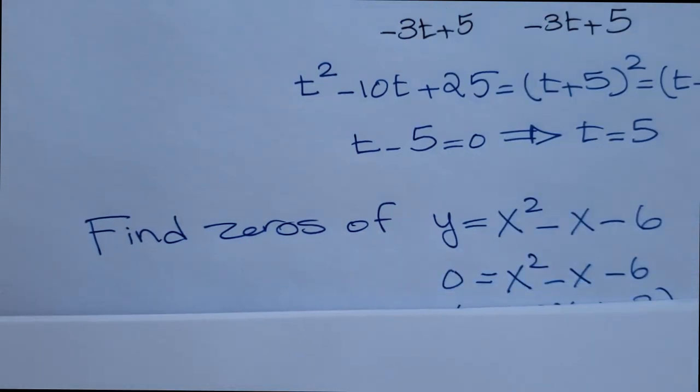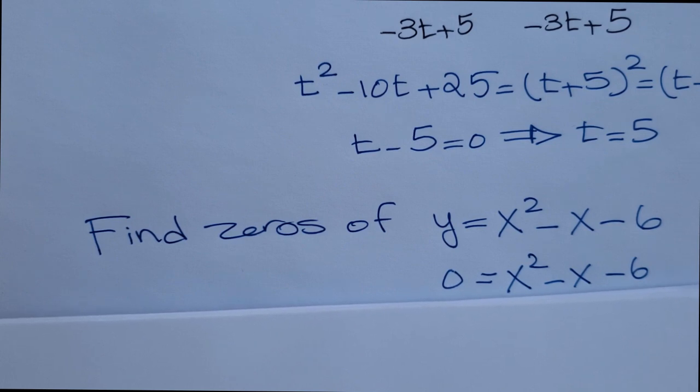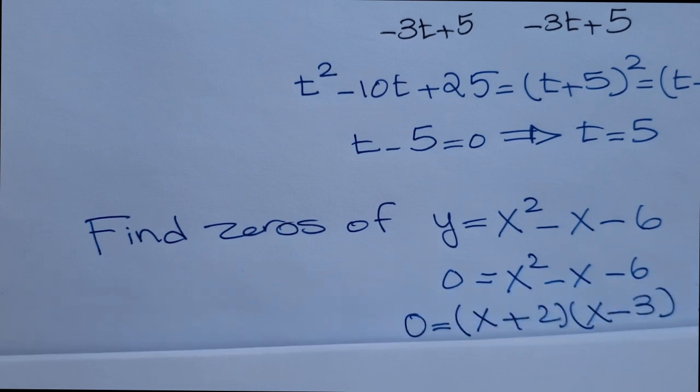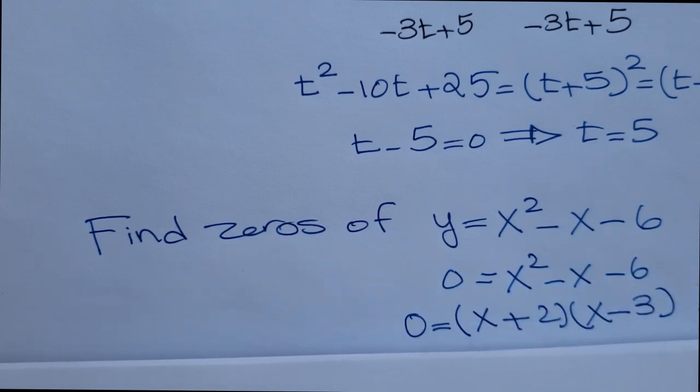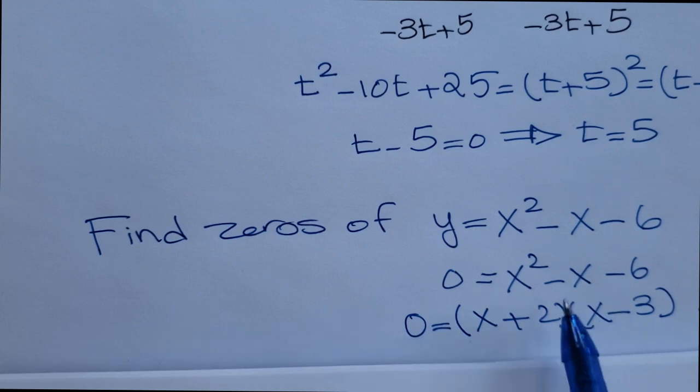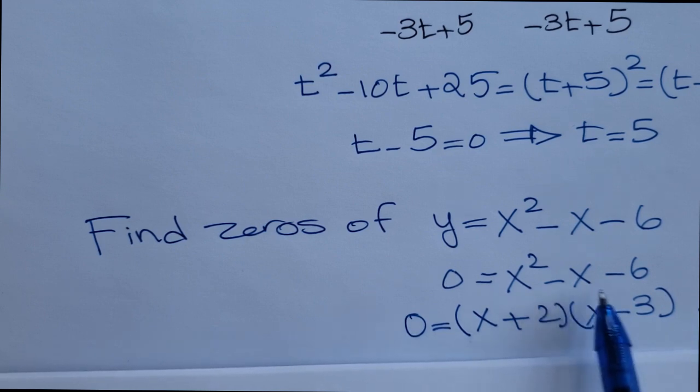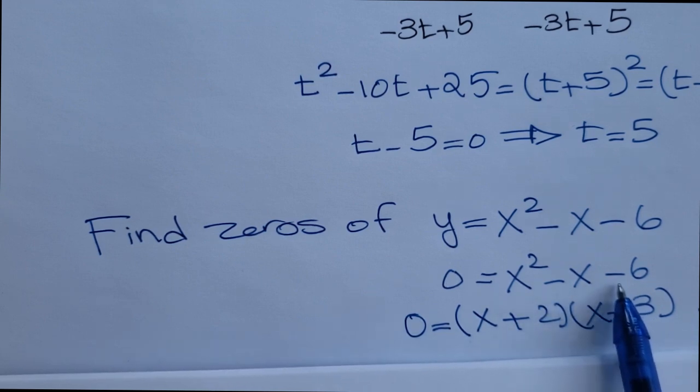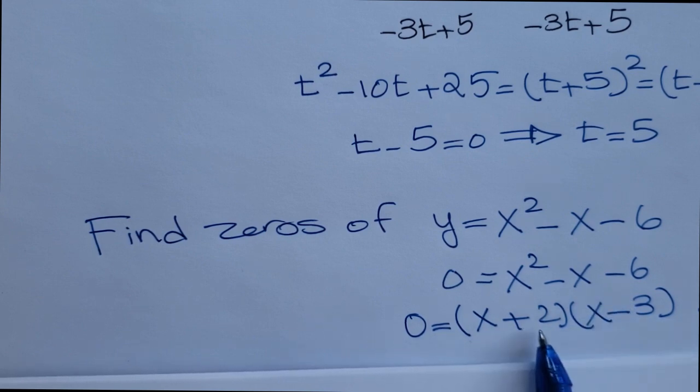So here we equate it to 0, and then we have a quadratic function equal to 0. It turns into a quadratic equation. You can either use the quadratic formula or use factorization to factorize it into 2 brackets. That's what I did. Remember, we are looking for 2 numbers which add together to give -1, and multiply to give -6, and these 2 numbers happen to be +2 and -3.